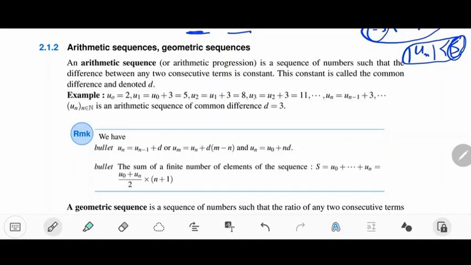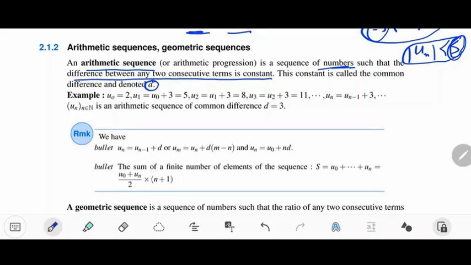So an arithmetic sequence is a sequence where numbers are obtained such that the difference between any two consecutive terms is constant. So for any two numbers that are consecutive, the distance between them is the same all the time. This constant is called the common difference, and it's denoted D.